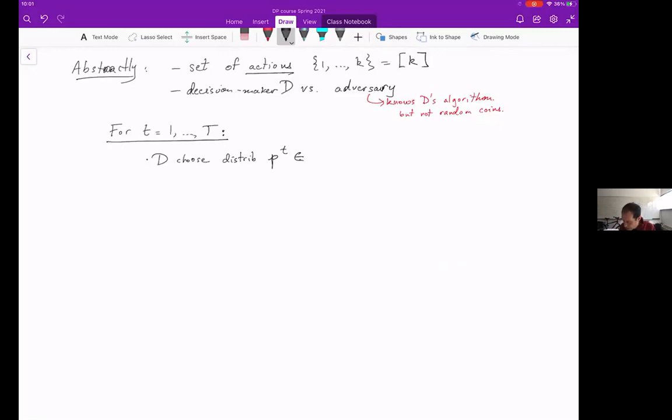And this is a distribution on actions, and we'll continue using this notation, this big Delta of K, the set of probability distributions on 1 to K. That's just the same as saying that each of these probabilities is between 0 and 1, and they add to 1.